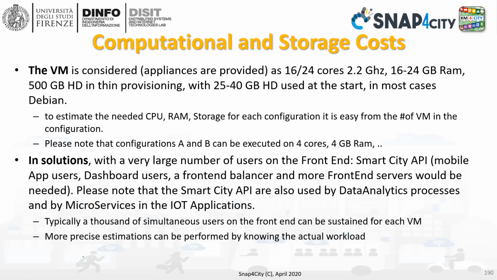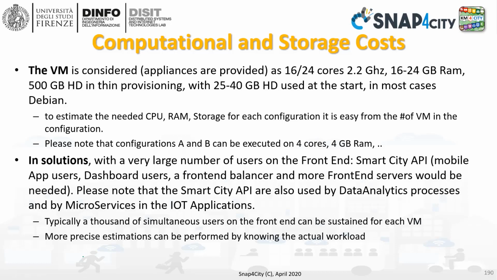If you adopt a Docker solution, it is probably more flexible and more fine-grained, so you can identify, container by container, the space to be used. You can have Docker inside the virtual machine.